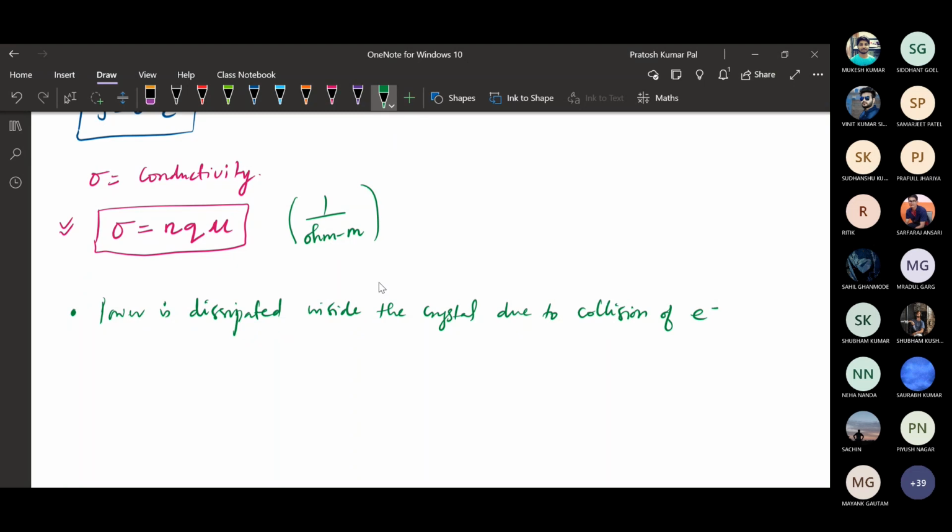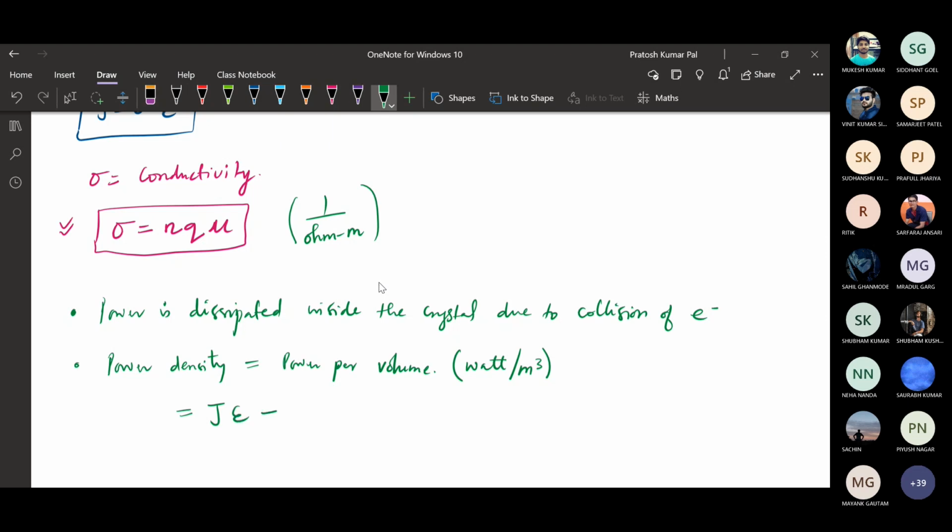So if we need to find out the power density, that is power per unit volume, this power density is given in units of watt per unit volume, that is watt per meter cube, and it is represented by the value of current density multiplied by the electric field.